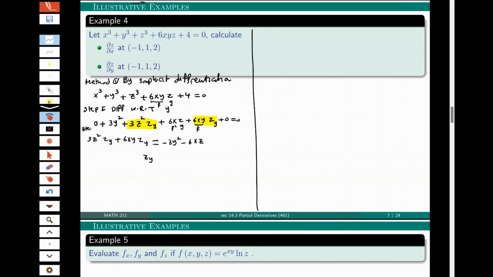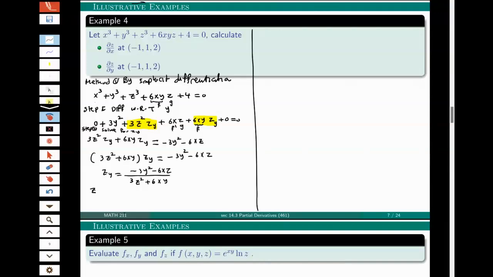Step 2, solve for z sub y. Taking z sub y as common factor, I get z sub y times 3z squared plus 6xy is equal to minus 3y squared minus 6xz. So z sub y, dividing by the coefficient of z sub y, will be minus 3y squared minus 6xz divided by 3z squared plus 6xy.